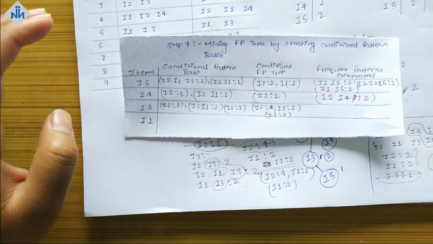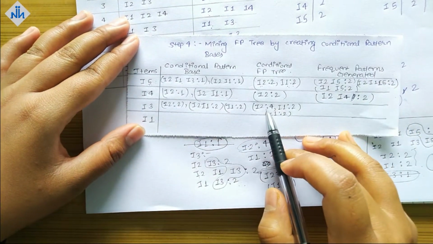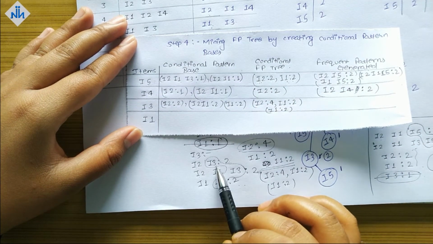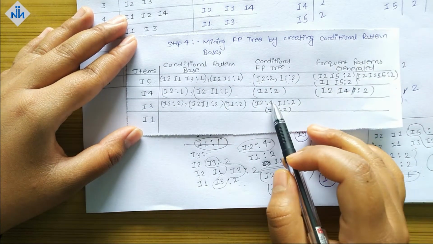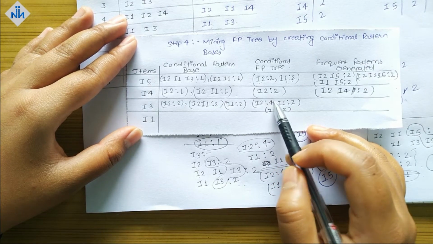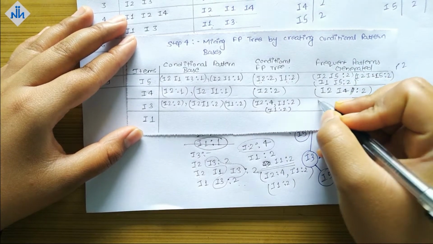For the frequent patterns generated, it is quite tricky over here. We combine I2 with I3. When combined, we will get 4, because the value of I2 is 4. So we have I2 I3 as 4.